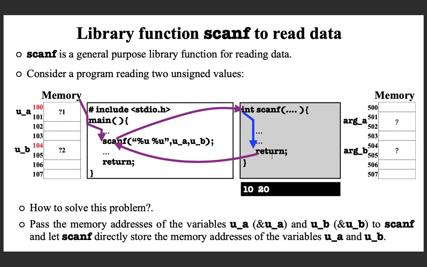Then what the scanf can do is, rather than storing the value 10 and 20 locally here, using these memory addresses, directly go to this memory and write 10 and 20 here. So that's what it can do, and that is how it is managed in the C programming language.